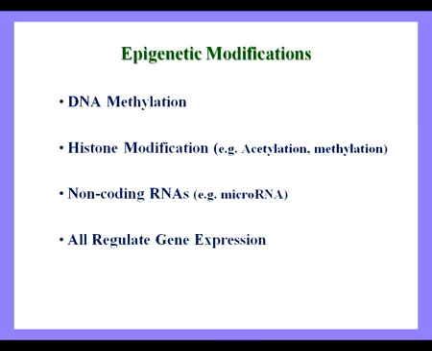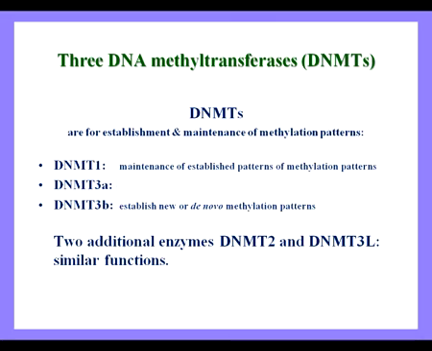Now, as I was telling you, there is DNA methylation, histone modification, which includes acetylation and methylation, and non-coding RNAs such as microRNAs, which are about 22 nucleotides long, and all these three regulate gene expression. These are the enzymes which are responsible for the methylation.